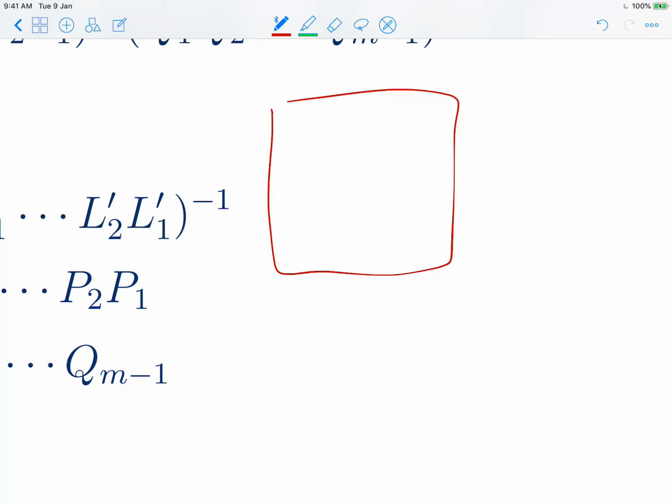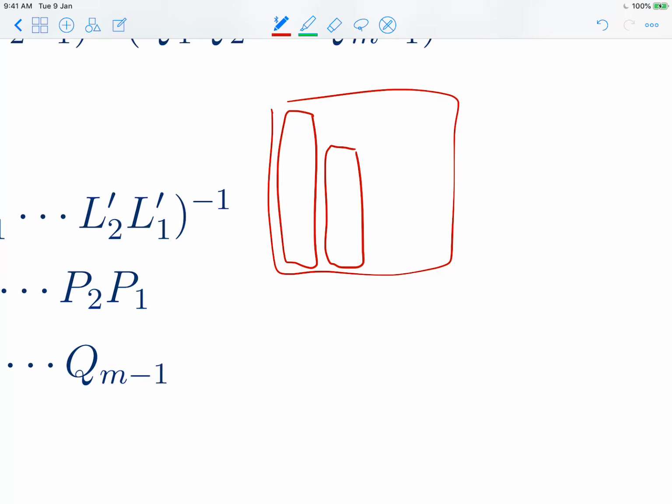We know that in the first step, we want to select the maximum possible value within the first column, right? And in the next step, we want to select the maximum possible number within the second column in the lower triangular part, right?